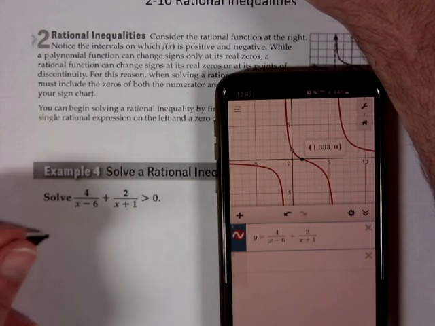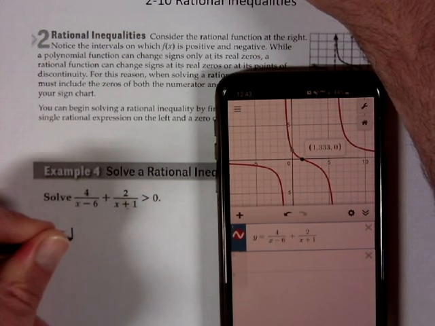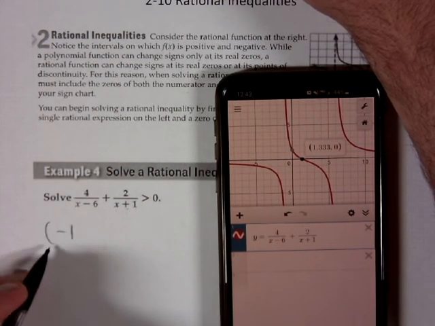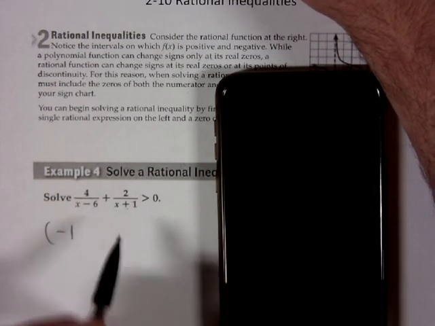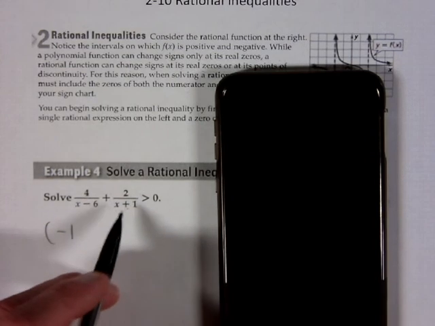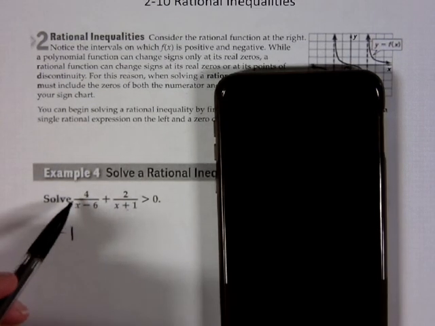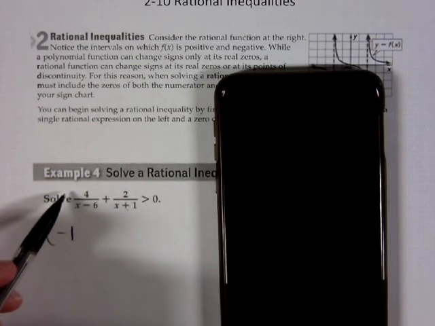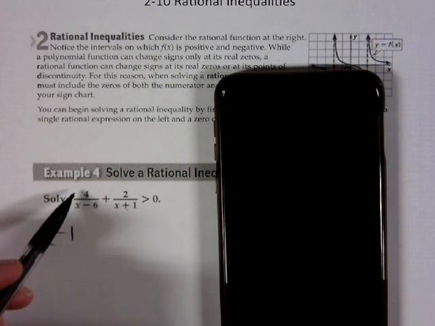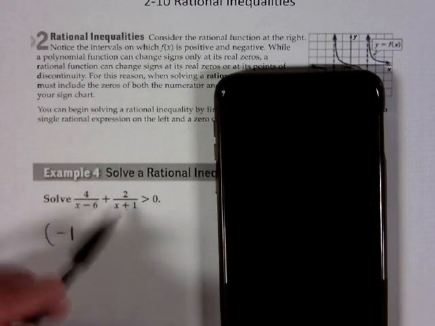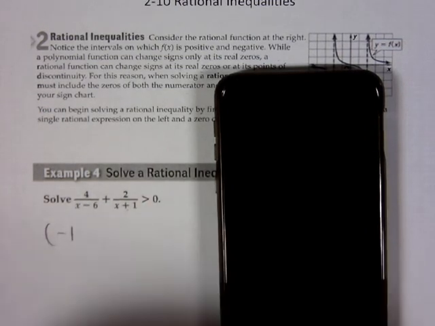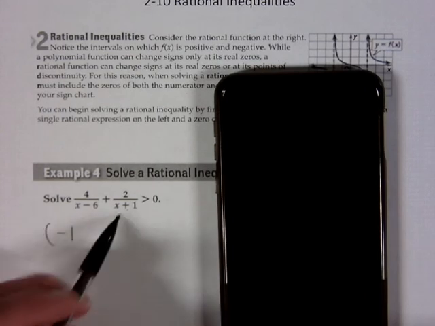It's going to start at -1, not including -1, because that's where your 0 in the denominator would be. Algebraically speaking, if you were going to put these together, you would have to multiply the top and the bottom by x plus 1 times x minus 6, and one would cancel there, and then you would get a common denominator, and then you could add them together into one fraction. So that's where your zeros would be coming from.